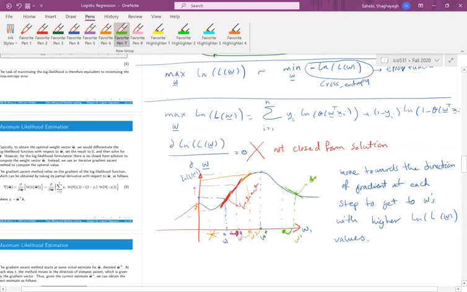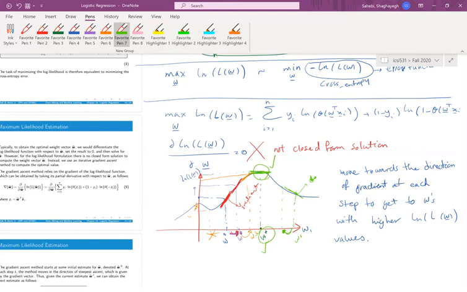And for example, when I get to W star, which is my actual best value for W, the gradient is going to be equal to 0. And then I know that, oh, okay, so I am at this peak. So I'm good. That's how the gradient descent, gradient ascent algorithm works.